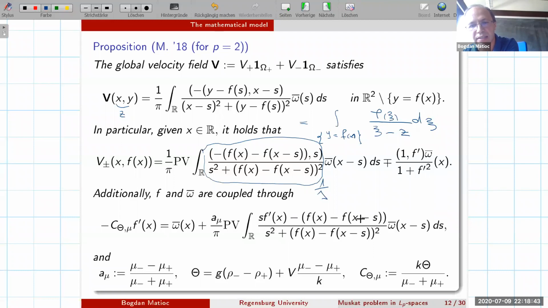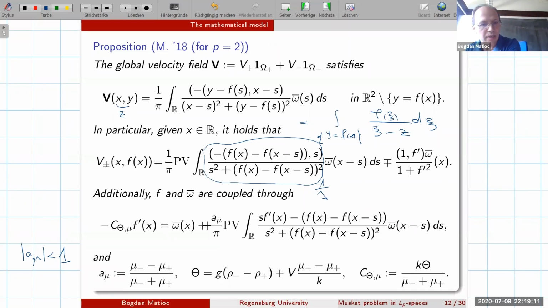So the right-hand side is a linear operator in omega bar, but this operator is singular. And we have two constants here, a mu and c theta mu. A mu is related to the viscosities of the two fluids. And the important observation is that the absolute value of a mu is less than 1 if both viscosities are not 0.